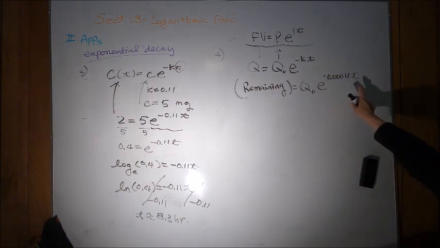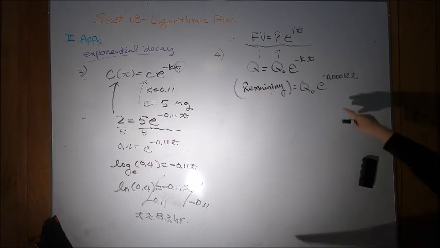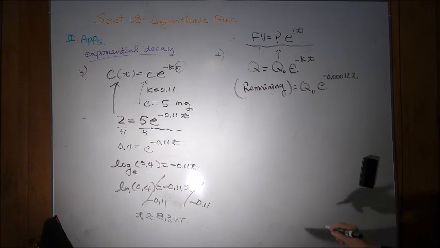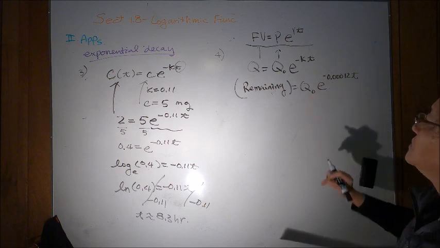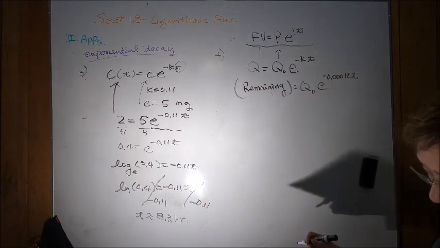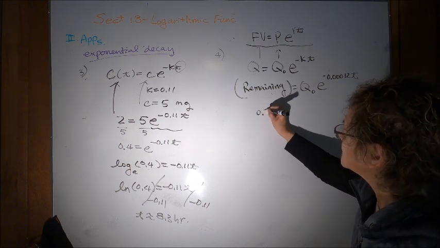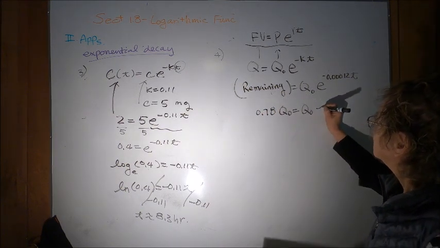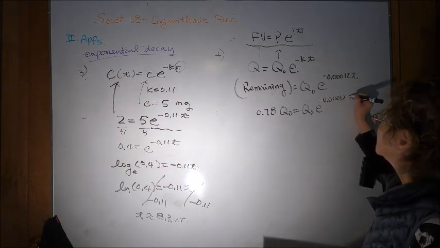You can find this information online everywhere, and it will be given to you. So it says originally the quantity is Q sub 0, then the remaining when they test is 78%. That means 0.78 Q sub 0. That's how you write your equation.